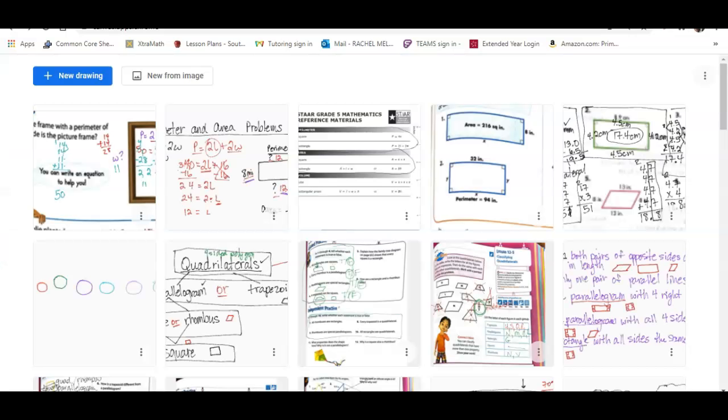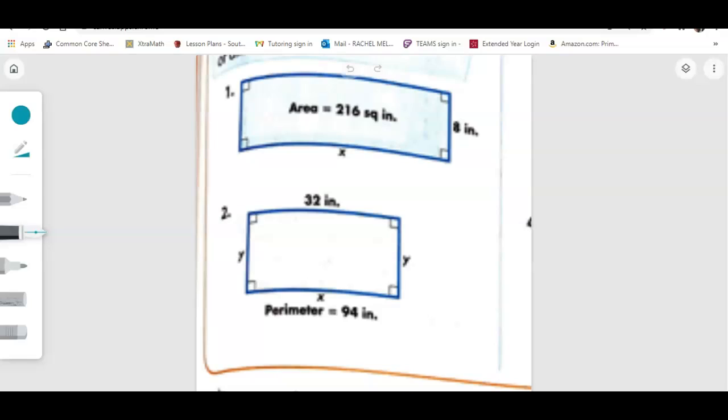All right, 2 more problems together. On these, there's a little bit less information that we have to find. Looking at this first rectangle on number 1, what I know is the area. So I'm going to write out that formula. Area equals length times width. I know the area is 216 inches.